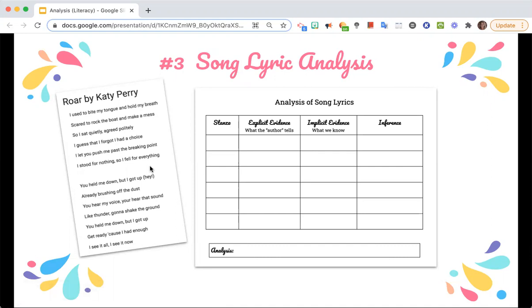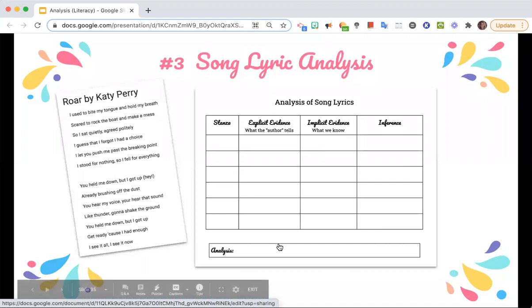You could distribute a sheet of lyrics, and you could draw lines to chunk between the stanzas and number them. But right here, if we had stanza number 1, students could write down what the author is telling them, what imagery is being created in this first stanza. They will pair that with what they know, and then again, draw an inference. Once they draw all of their inferences, they can add them up to have an overall analysis.